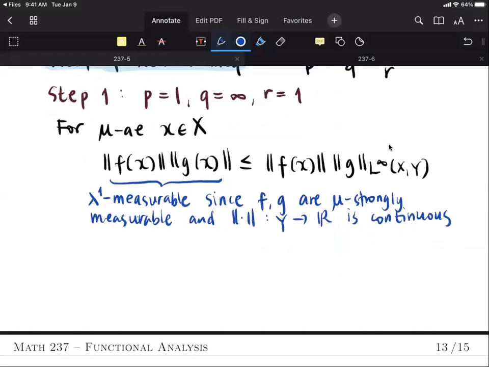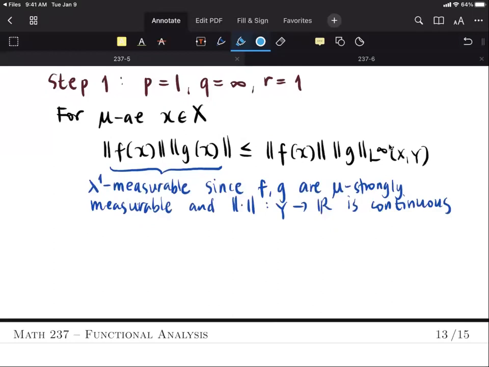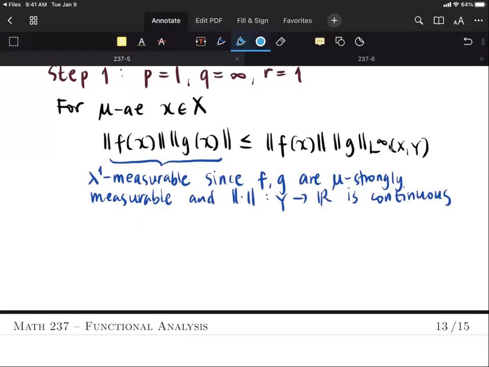Here, we did not emphasize strong measurability because the set of real numbers is separable, and for separable images or target spaces, strong measurability and measurability are the same. Okay, so that is measurable.